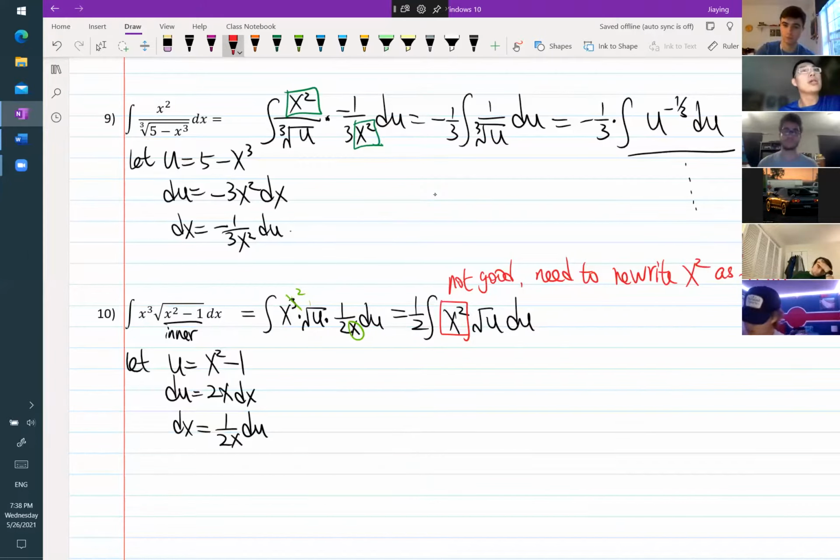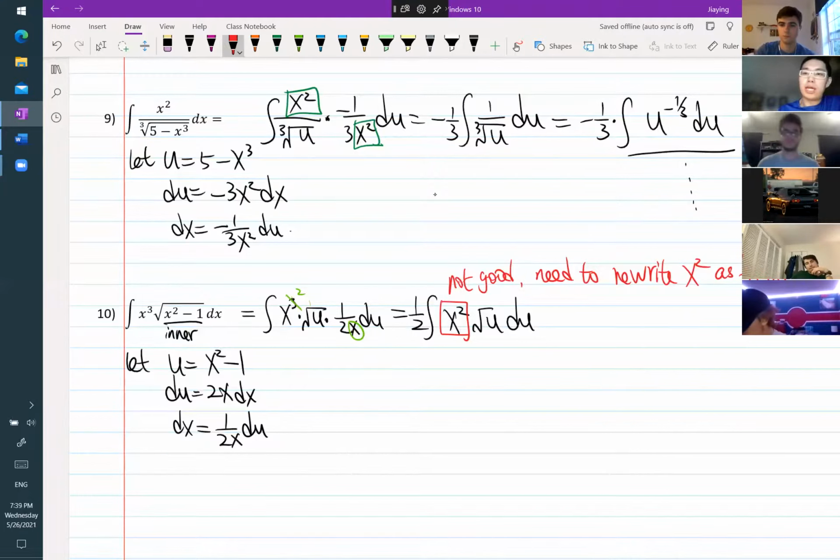Exactly, you could do that too. Aiden, that's a good point. Yeah, at the beginning you could use that substitution directly, but I didn't. I just used the normal way. It's okay. We can still get there, right?